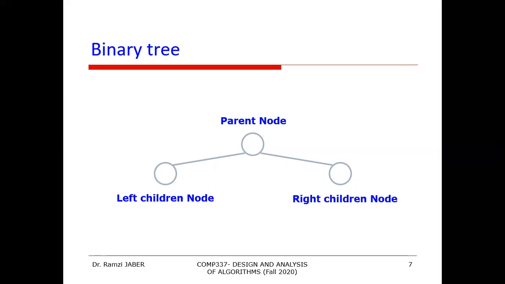Binary means we have only two children, left and right. So it's one parent node and two children only. Okay, that's why it's called a binary tree.